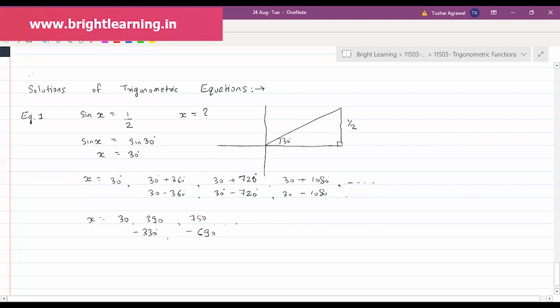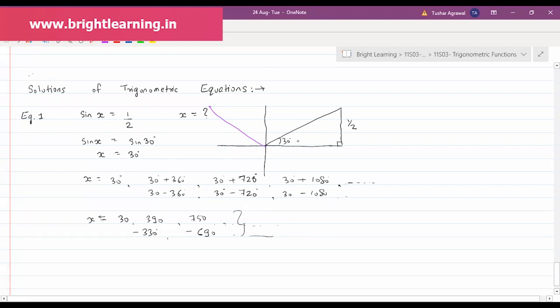Here, already infinite values are there of this sort. Other than this, more infinite values are there. Which infinite values? Can you see that sin x equals half is not just limited to the first quadrant? There is also another arm over here.